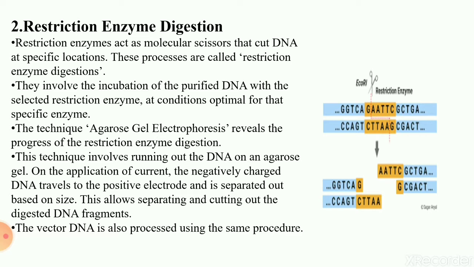The negatively charged DNA travels to the positive electrode and is separated on the basis of size. This allows separating and cutting out the digested DNA fragments. The vector DNA is also processed using the same procedure.